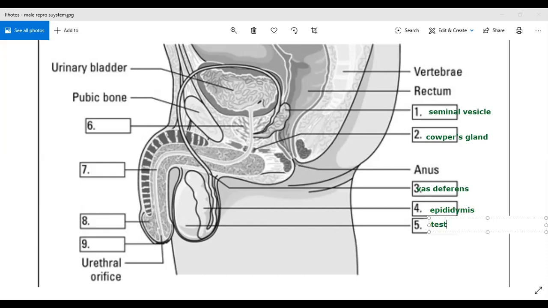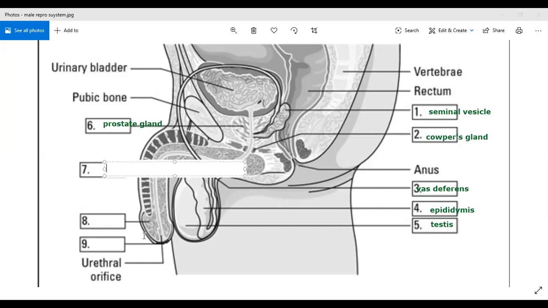Yeah, and that is singular, and you know plural would be testes. All right. Number 6, Ajani. Miss, I don't know what number 6 is. What do you think, Christoph? The prostate. Yes, that is the prostate gland.